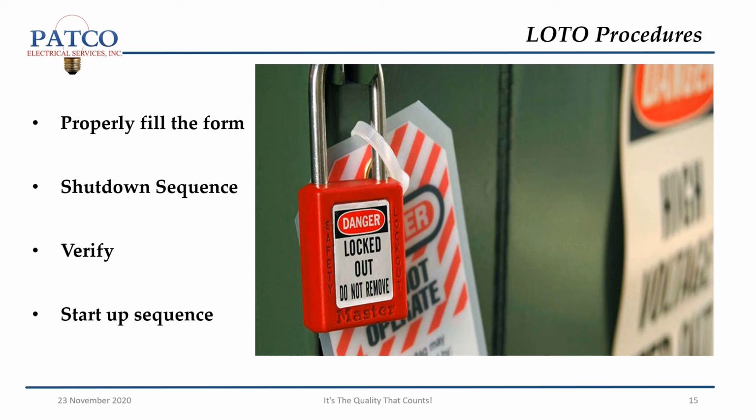Make sure that it's shut down, how it's shut down, whether it be circuit breaker or turning off the switch, and what kind of devices were applied for lockout tagout. You've got circuit breaker lockouts, switch lockouts.